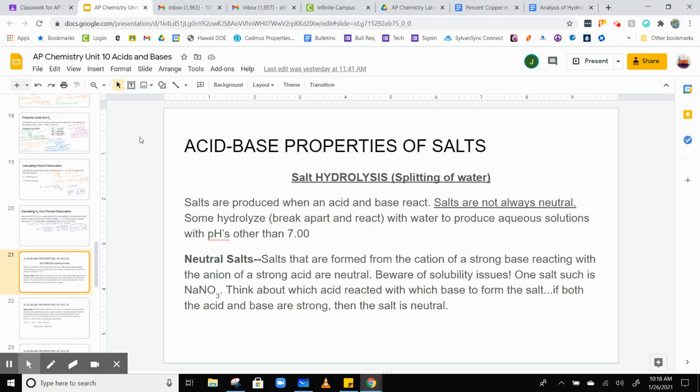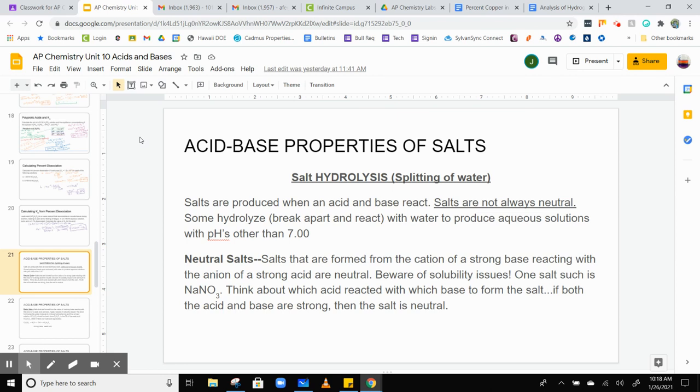Hydrolysis, so hydro is water, lysis is breaking apart, right? Anytime you hear lysis at the end of a word, it refers to breaking something apart, right? So a lot of times in science we use prefixes and suffixes to represent certain things, like hyper, hypo, hetero, homo, all those different prefixes, and then suffixes like lysis and ace.